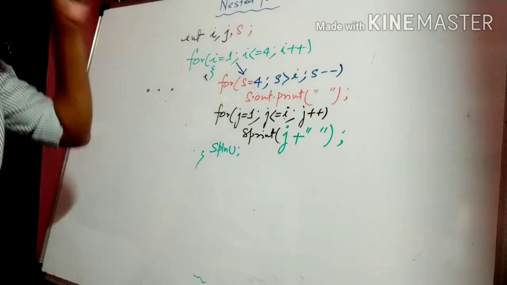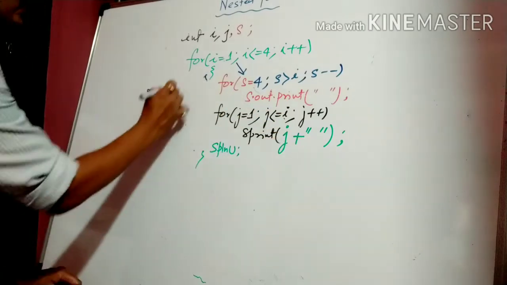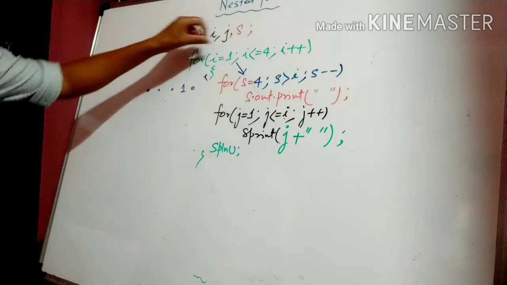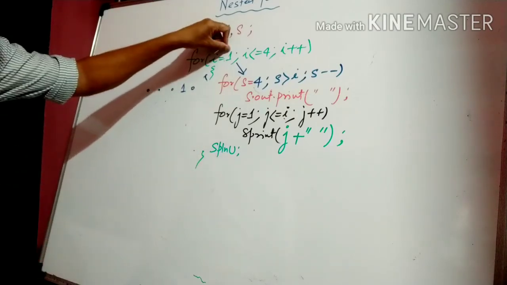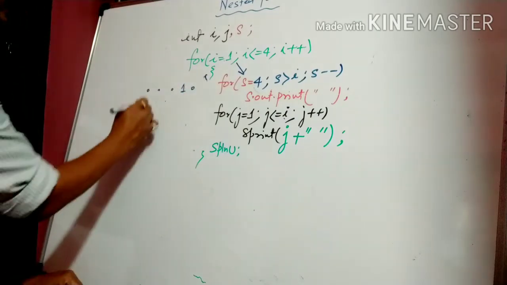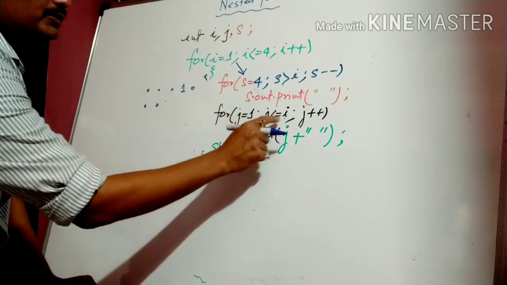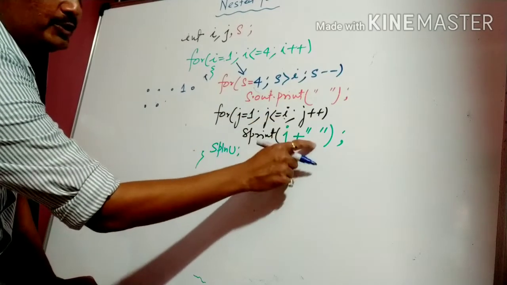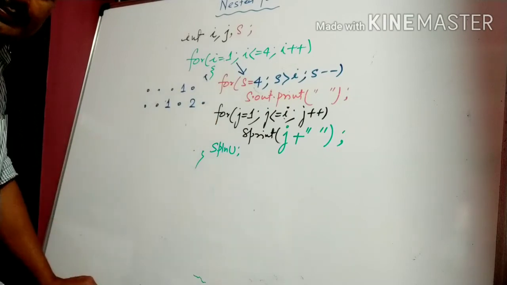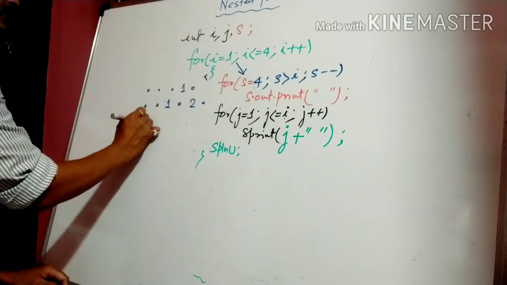Now see this one. 1 to 1. 1 time. But with space. It will print 1 with space. Line change. This is 2. 4 greater than 2, how many times? 2 times. 1 to 2, 2 times. But each time it will give a space. Means 1 space, 2 space. Line change. This is 3. How many spaces? 1 space.